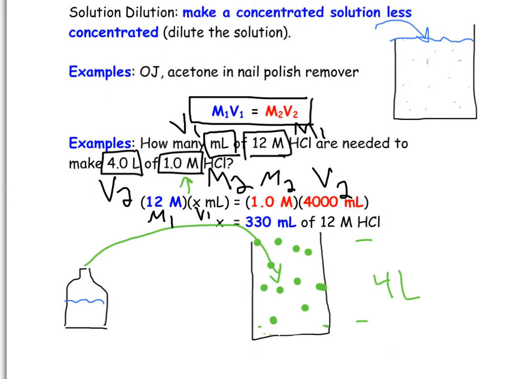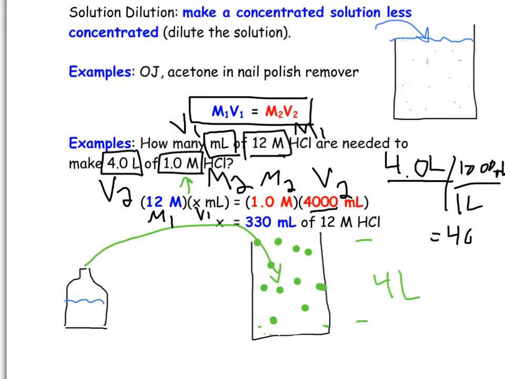Please notice that the switch to 4,000 milliliters is the same as 4 liters, because if we take our 4 liters, there are 1,000 milliliters per 1 liter, and that will give us 4,000 milliliters. So we just put it in terms of milliliters instead.